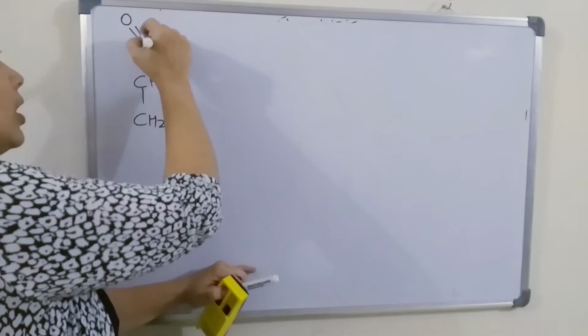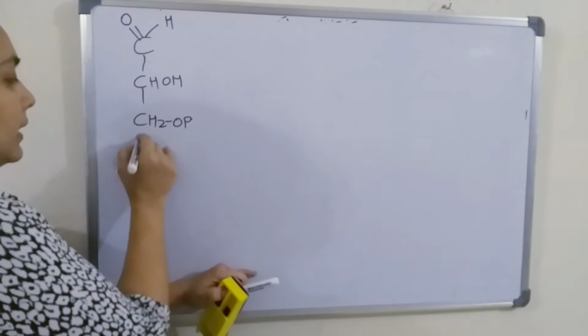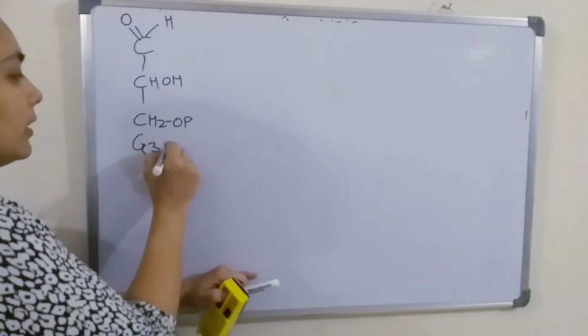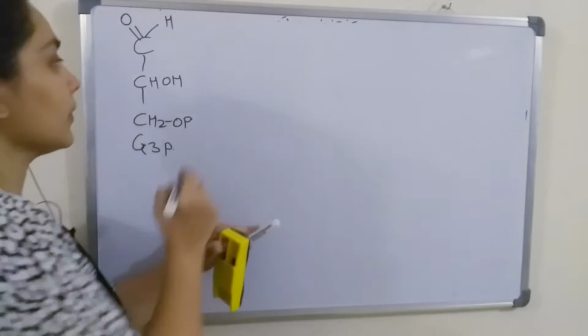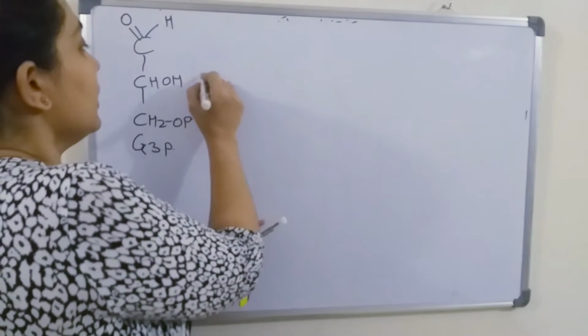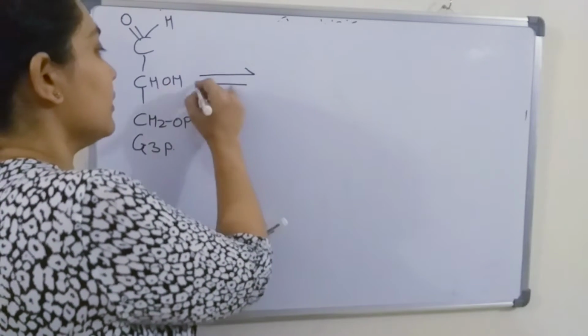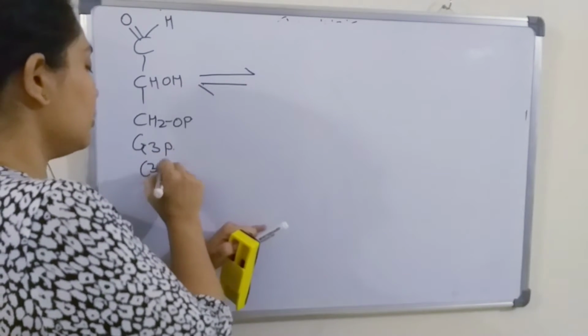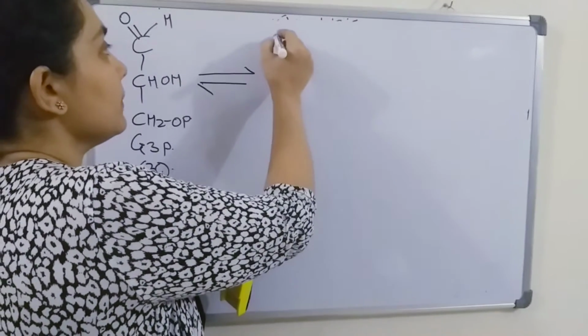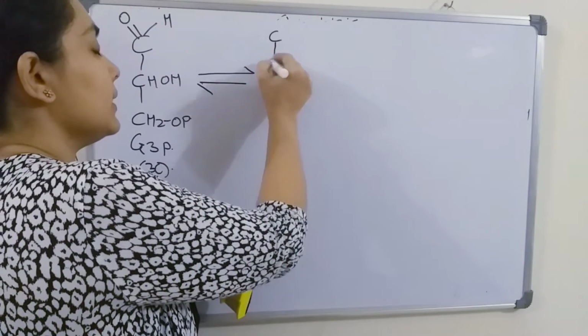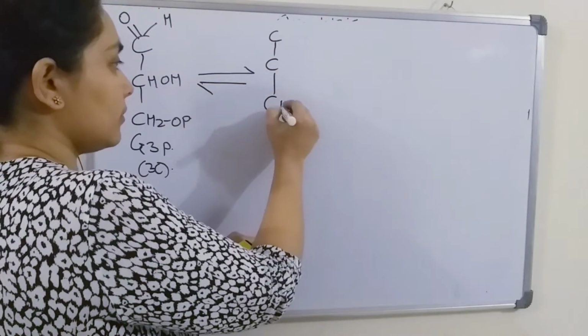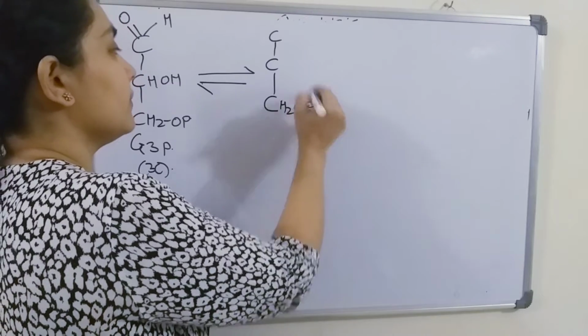This is an aldose and the name is glyceraldehyde 3-phosphate, and this is a 3 carbon compound. One more 3 carbon compound we will get, that is dihydroxyacetone phosphate.